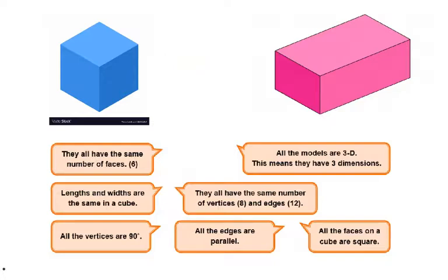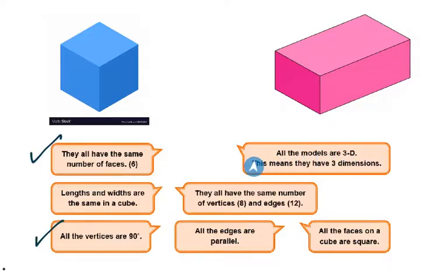So on both shapes, the vertices are all 90 degrees. So every single edge meets at 90 degrees. They are all, can you remember the other word beginning with P? They are all perpendicular. Okay, so that's the same.